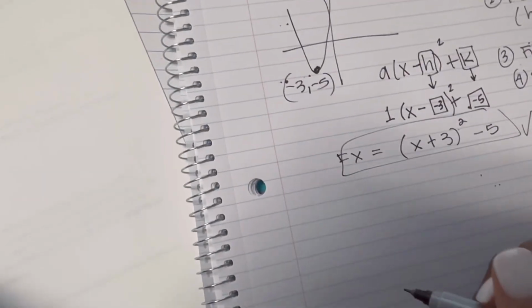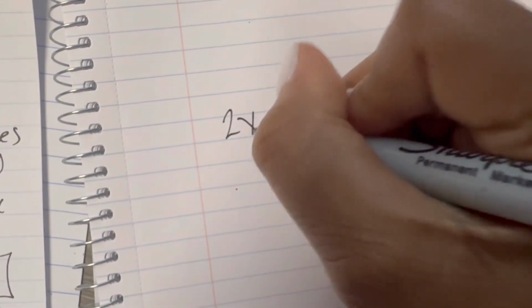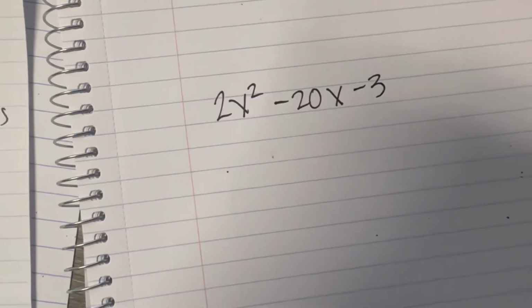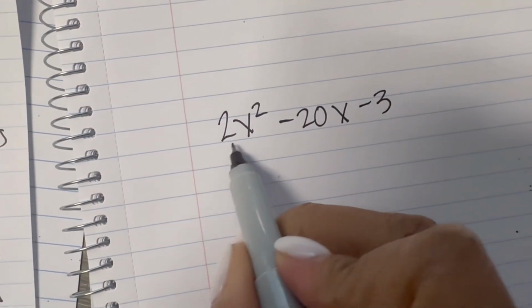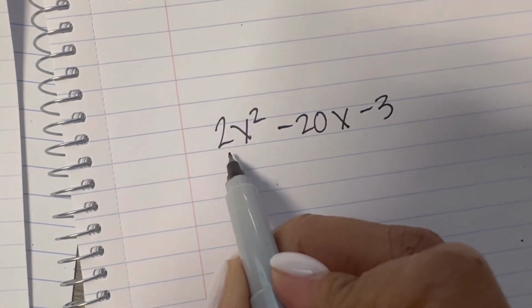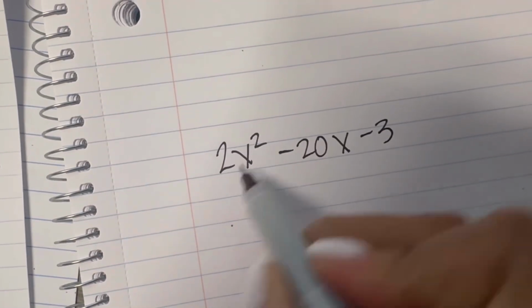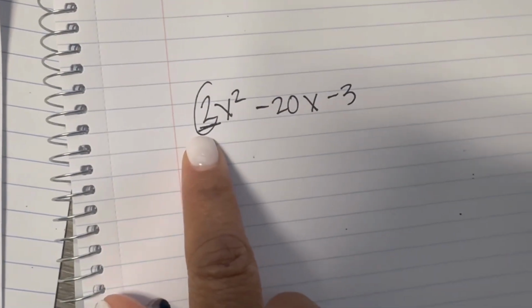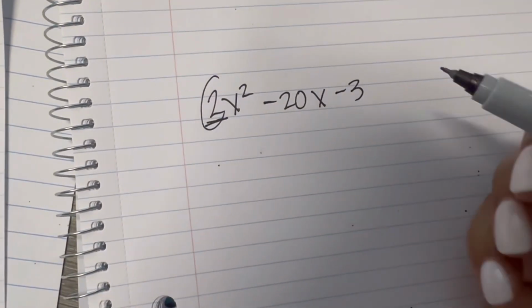Let's do another one. Now let's say you have 2x squared minus 20x minus 3. Pay attention to this one, where your a value is not 1. If there's any number in front of this x squared, I want you to circle it. It's so important. You have to be careful to pull out this number first before you move on.